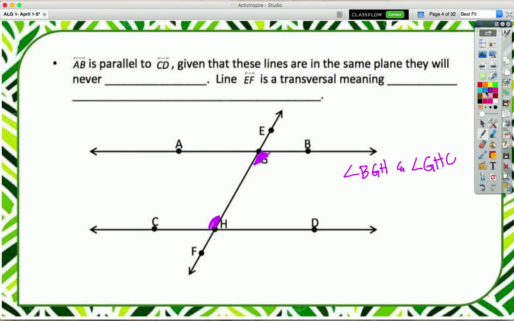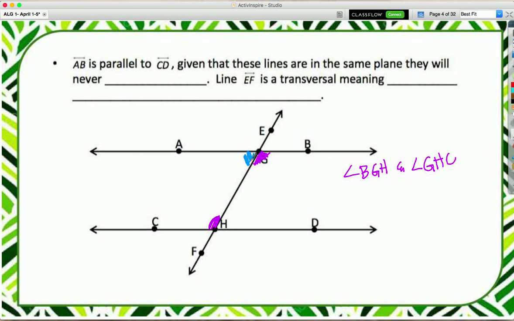There's only one other set of alternate interior angles. If I have this angle here, Henry, what angle is alternate interior to that one? Yes. So this would be the other alternate interior. There were only two sets. They had to be in between the parallel lines.